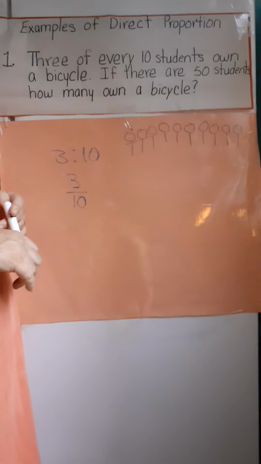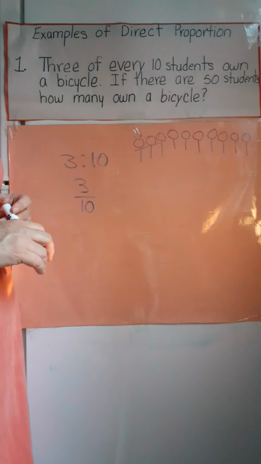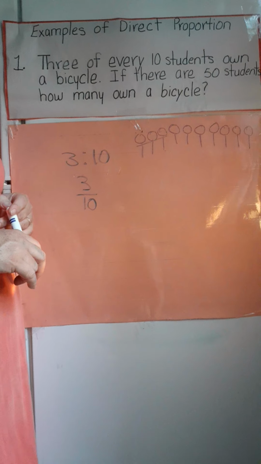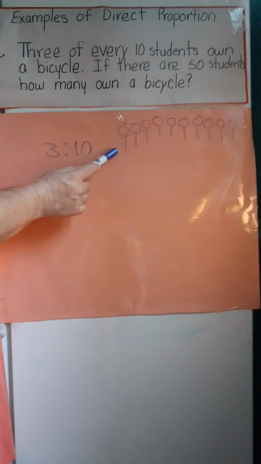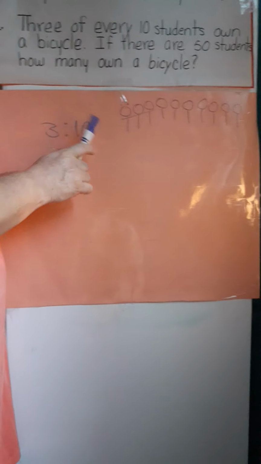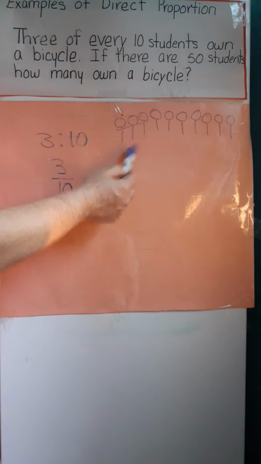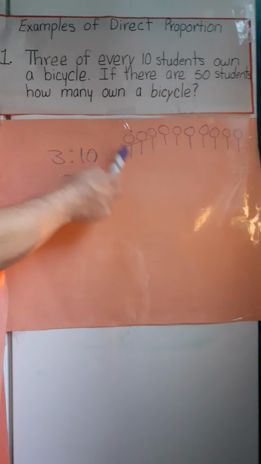3 of every 10 students own a bicycle. If there are 50 students, how many own a bicycle? Now let me just show you a little diagram to give you a picture of what this is talking about. It's saying that out of 10 students, 3 of them own a bicycle.